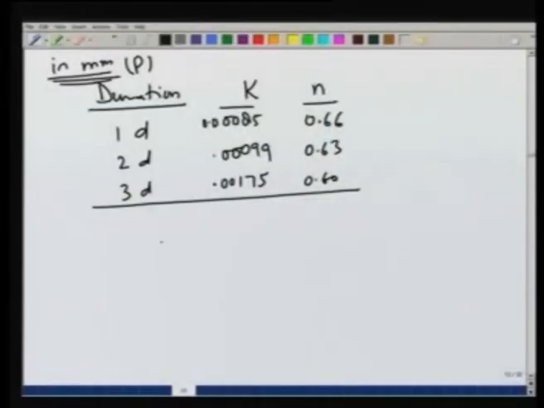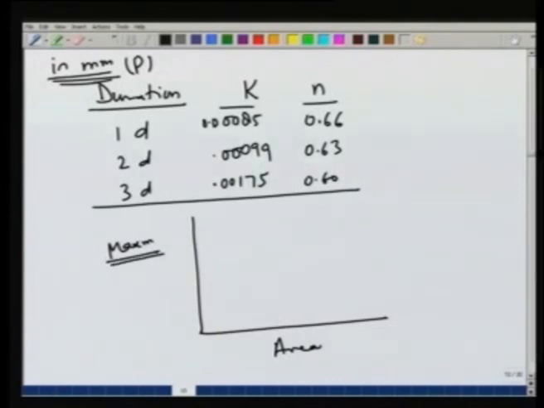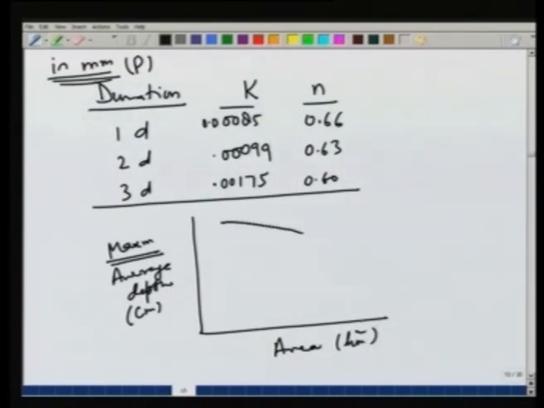The other thing which we can do is plot a curve which shows area versus maximum average depth, and this may be in centimeters, and area in square kilometers, and this will depend on the duration of rainfall.